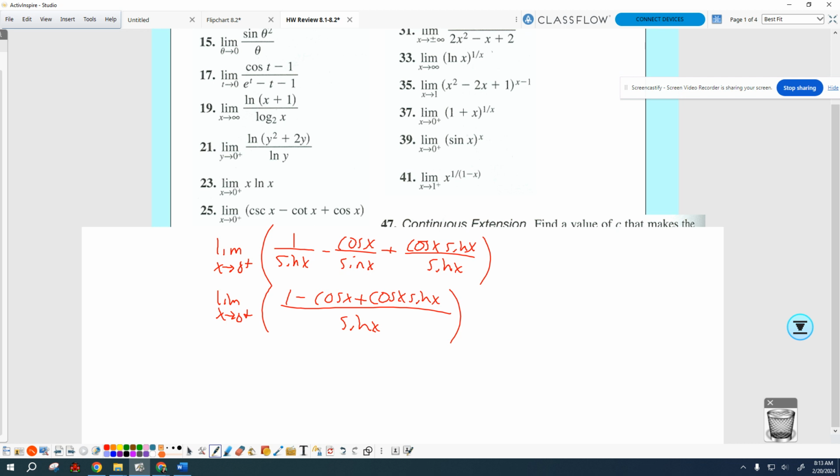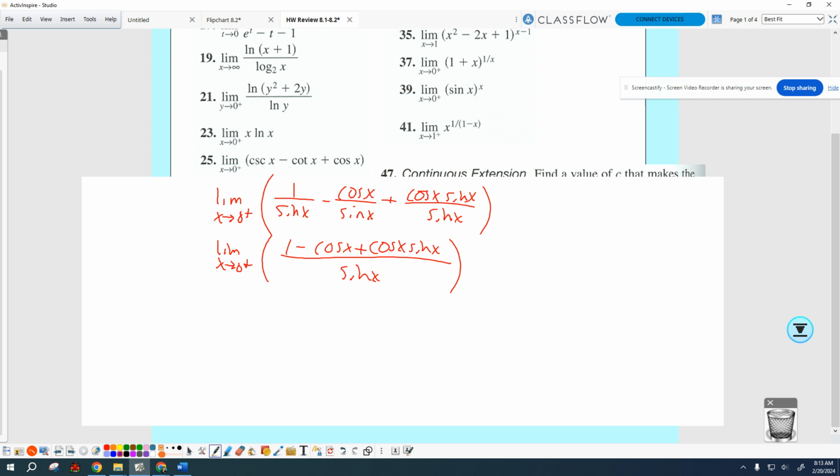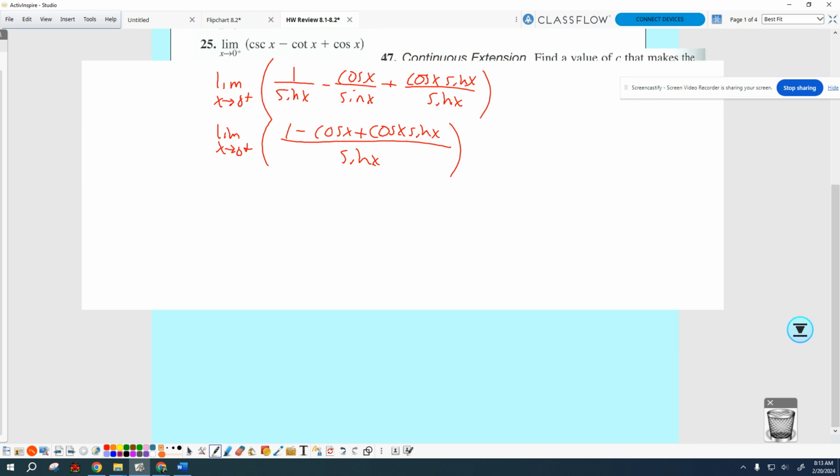Now I got a fraction. Preston, what do I do with that fraction? So now use L'Hopital's evaluator. So it comes out to 0.